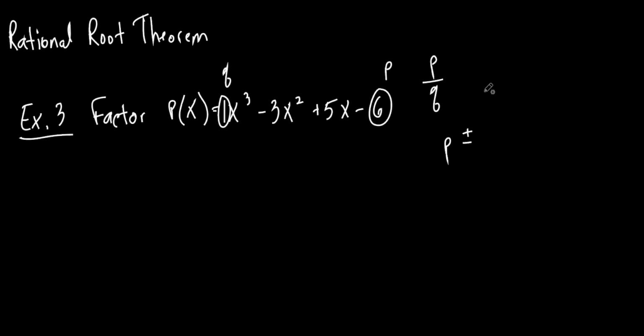So all of these are going to have plus or minus. So you could have a 1. What else is a possible factor? 2, right? 2 will go into 6. What else divides into 6? These are all plus or minus, okay? So 3. What about 4? Does 4 go into 6? No. 5? No. 6. And that's it. You with me on that?